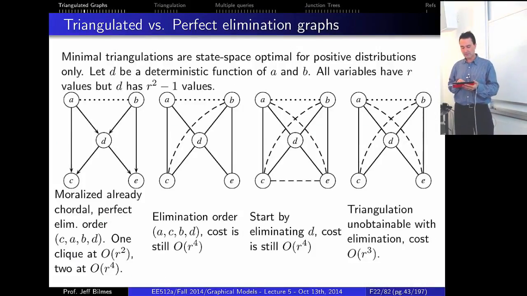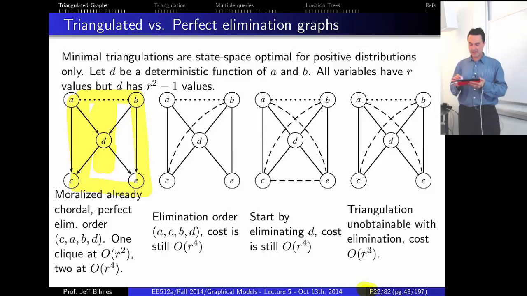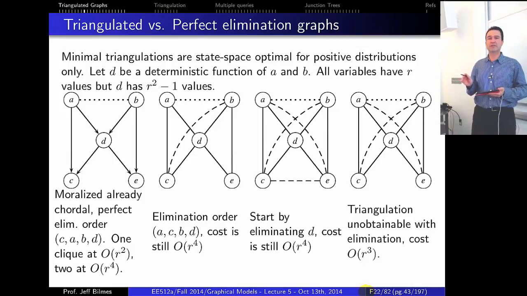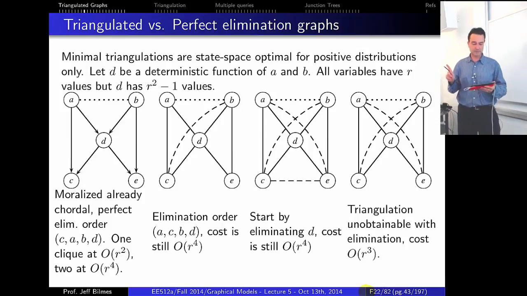It starts with Bayesian network semantics, but let's just do this anyway. So here's a Bayesian network graph. D is a child of A and B, and D is a deterministic function of both A and B. That basically means that if you know A and B, you know D with probability 1.